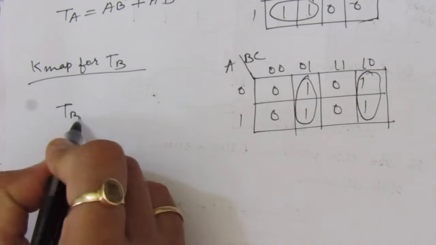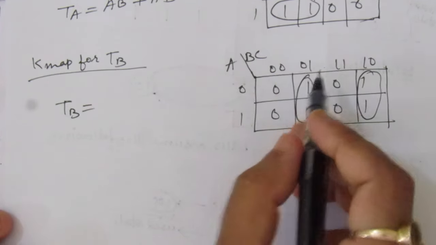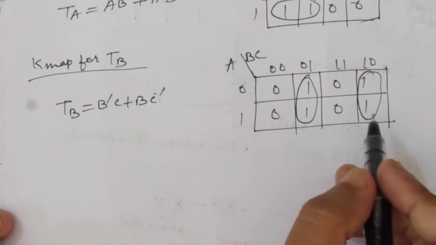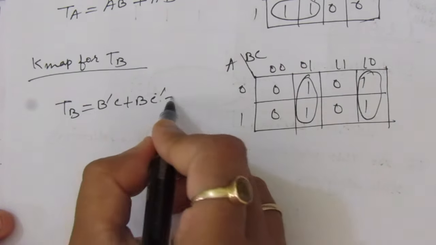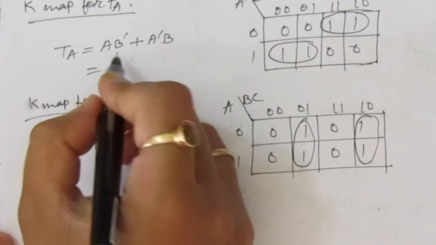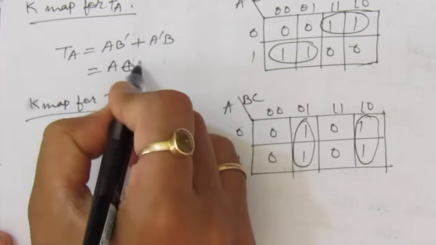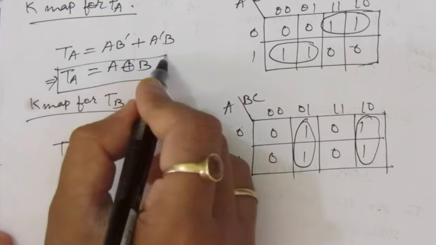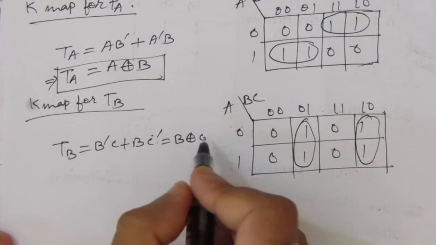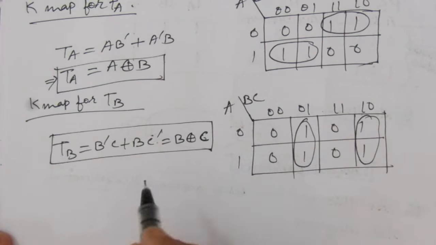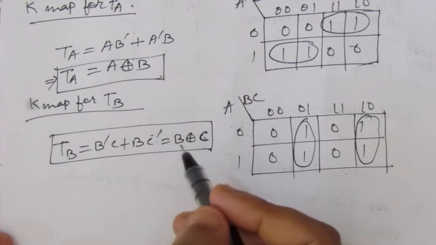So TB is equal to B bar C plus B C bar. Okay, so this is nothing but B XOR C. This is nothing but A XOR B. That is TA is equal to A XOR B, and similar to the previous case, TB is equal to B XOR C.